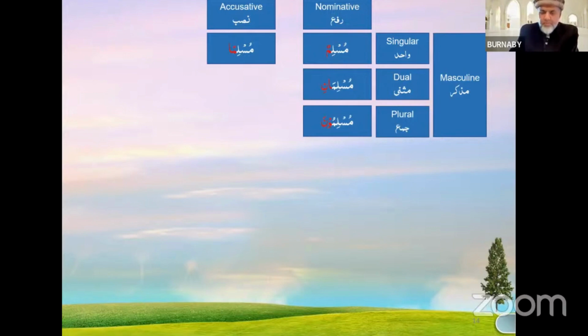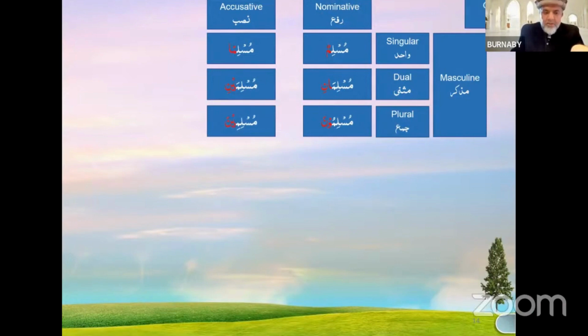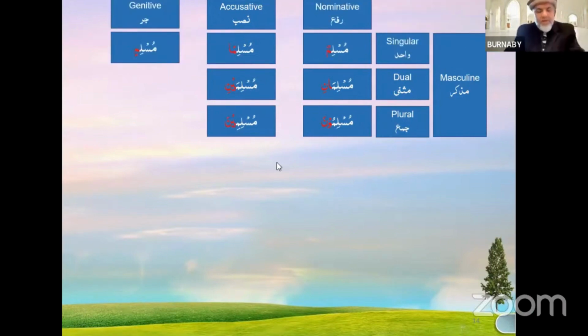Musliman. Think again. The jar. What haraka is connected with jar? Muslimin. Very good. So here, look at this. Muslimin, right? This is what you're saying, right? Yes. Okay.